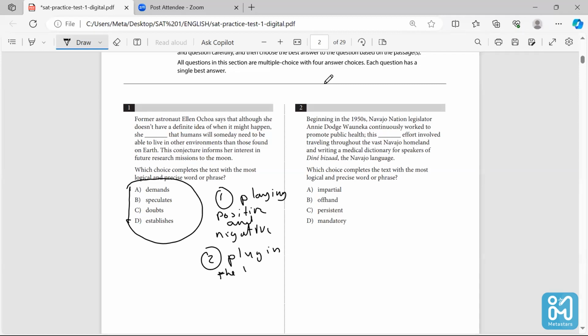What does it mean if I say it? Plug in the words means that you pick the option and put it in the blank over here. For example, if I say she demands, I'll check if it fits in or not.